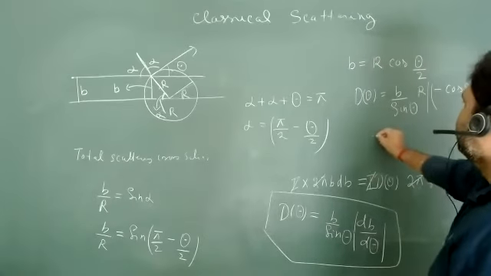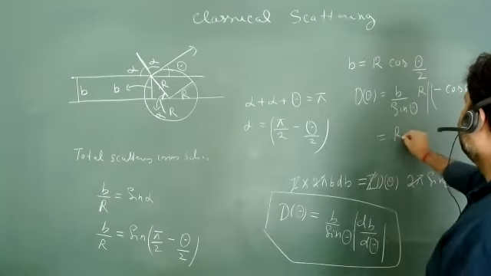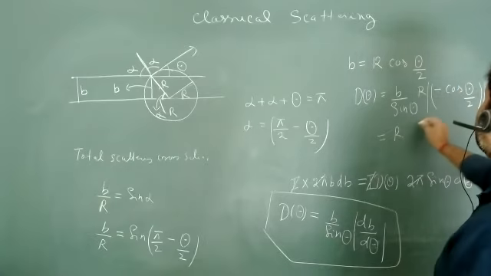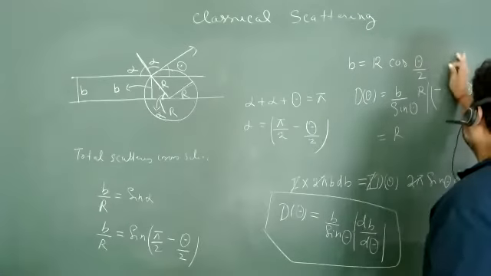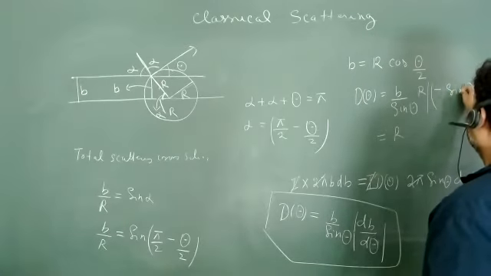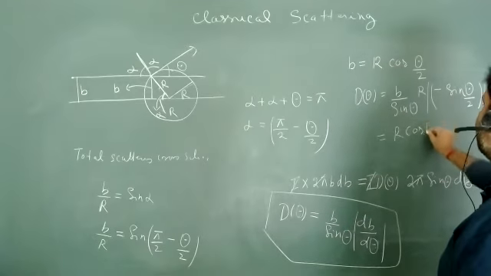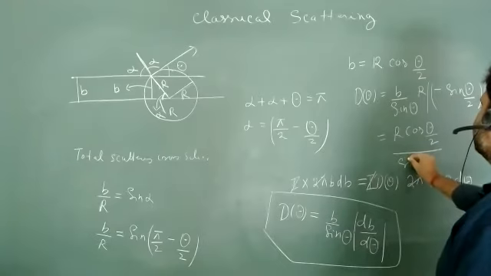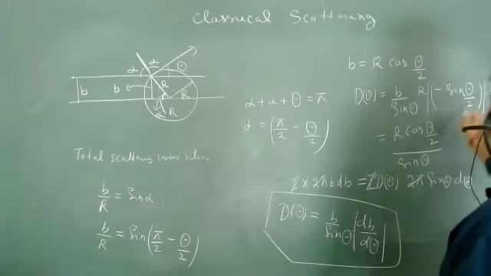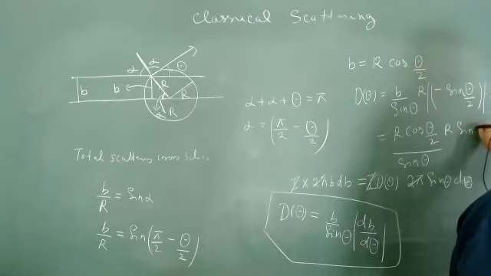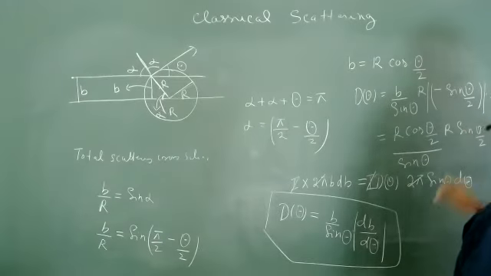And what is b? b is also given as r cos theta by 2. Here it is sin theta in the denominator. So here is r cos theta by 2 by sin theta, and we have to write r sin theta by 2, and we have also 1 by 2.